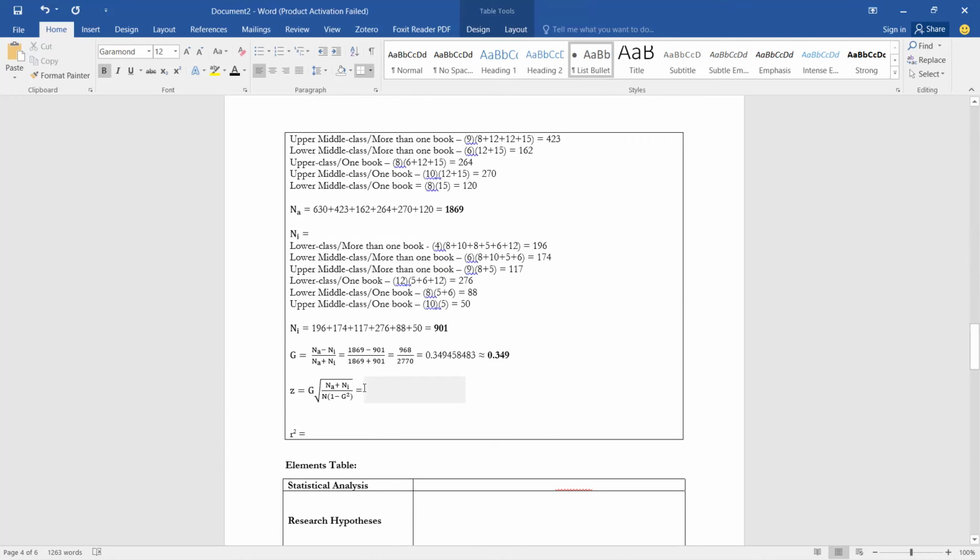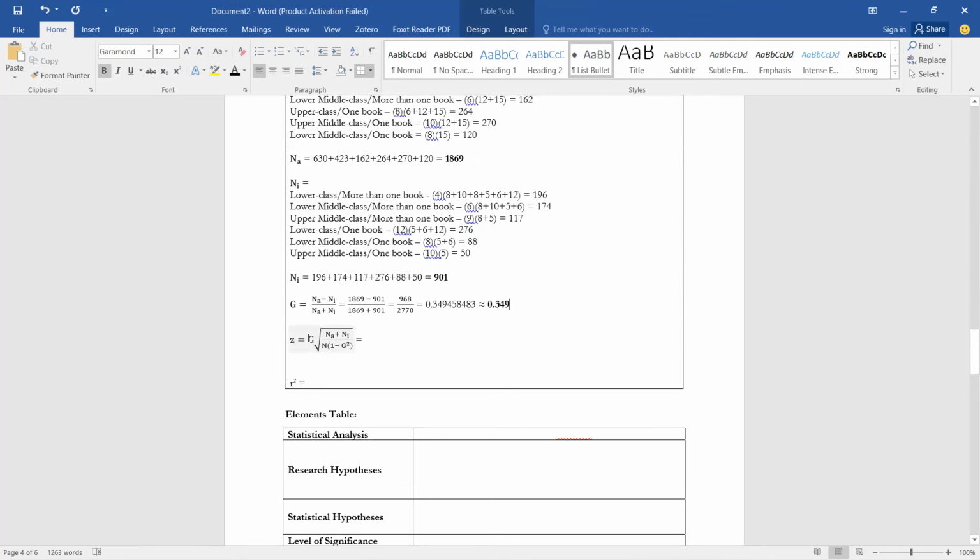Now, to test the significance of this, you need to get a z-score for gamma. And basically, you just use whatever you have gotten from what is your Na, what is your Ni and G, and plug it in this formula. And you'll end up with an answer. Here.